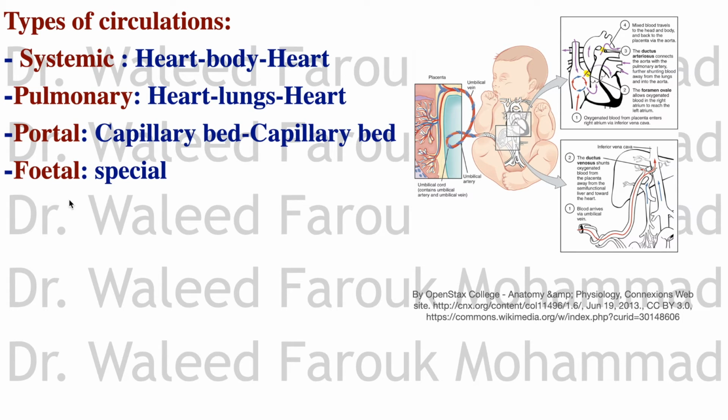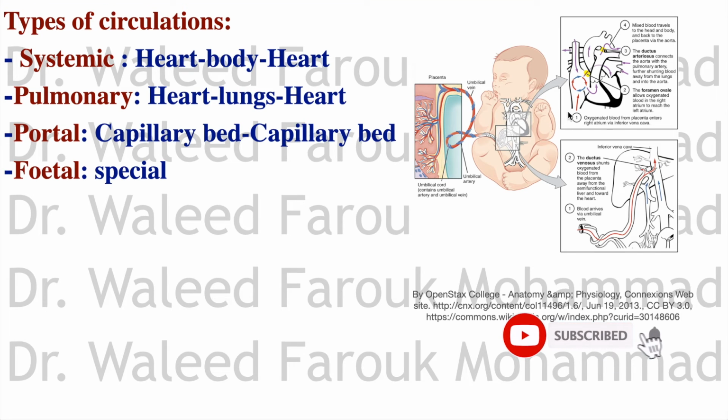And we have the fetal circulation. It's a special type of circulation because the fetus's lungs are not operating, so the placenta of the mother is the lungs for the fetus. So the placenta provides the fetus with oxygenated blood.